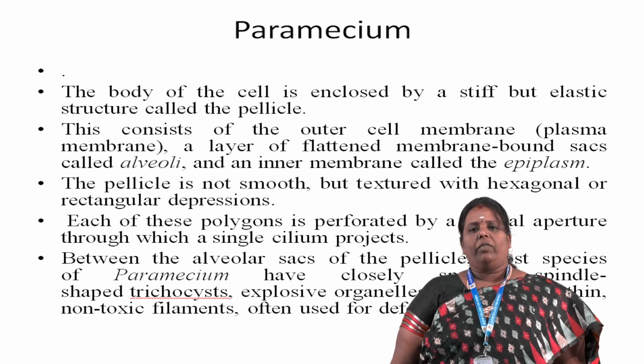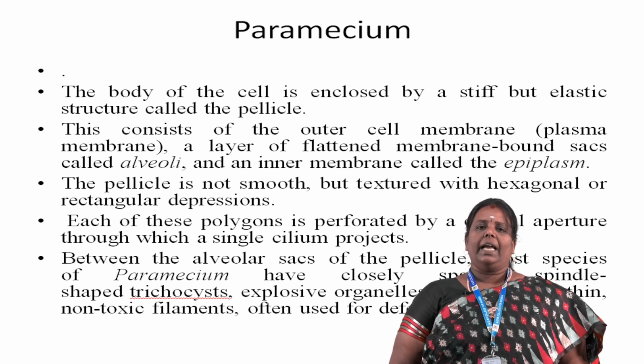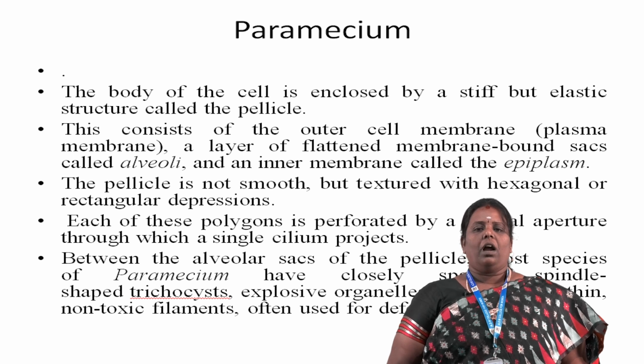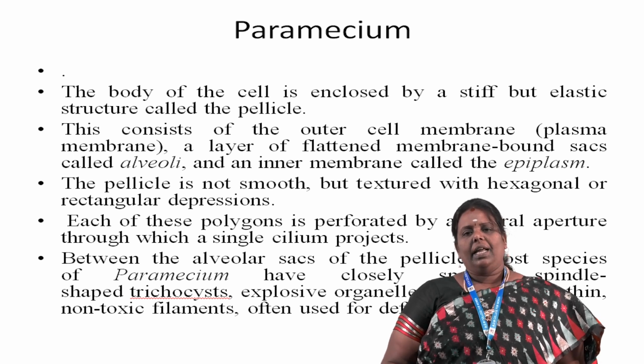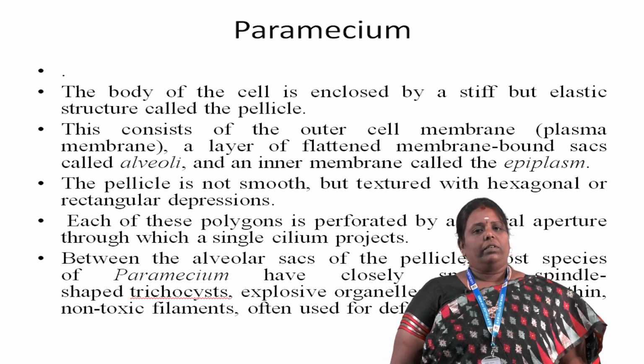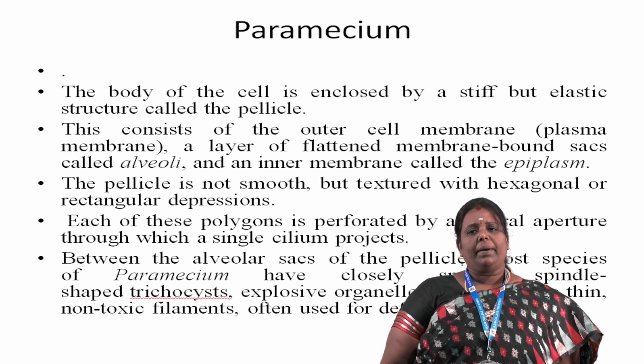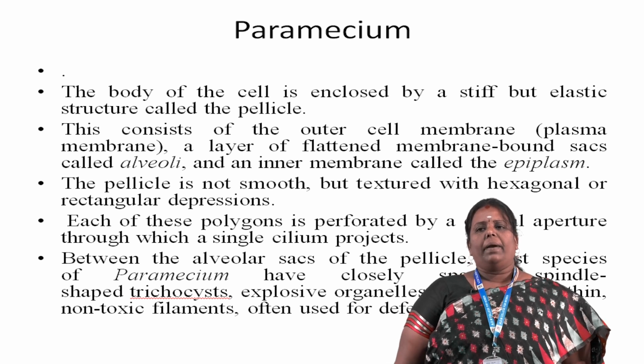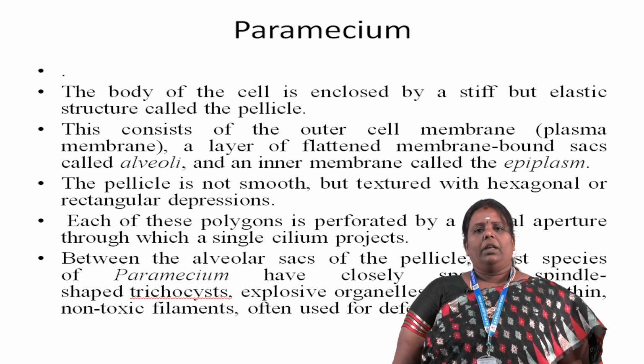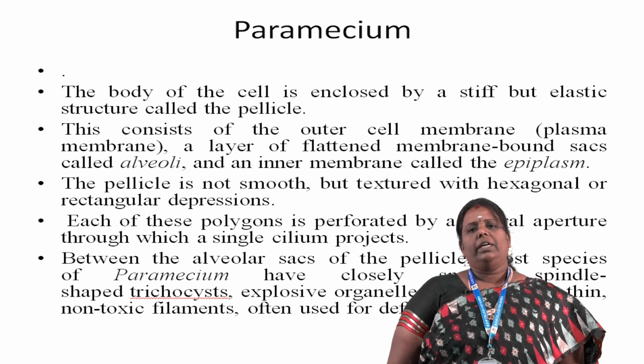Why is the trichocyst important? It contains a spike material, a cap material, and a fin material. What are the uses of trichocysts? Remember the uses of a fin, an organ in the tail region.